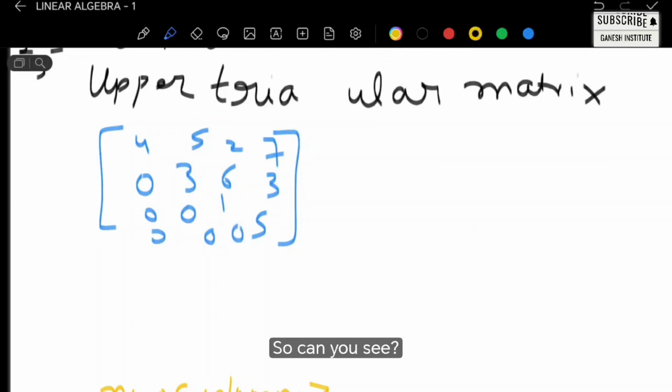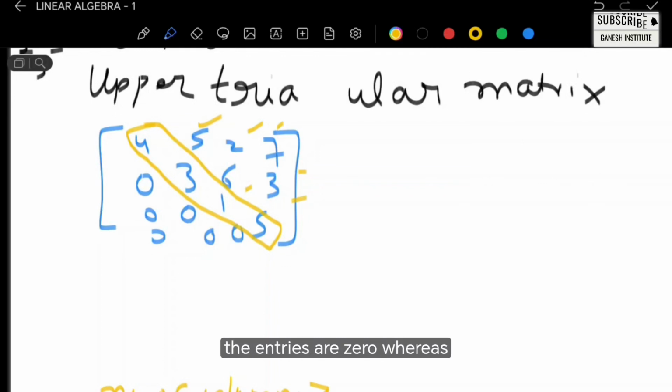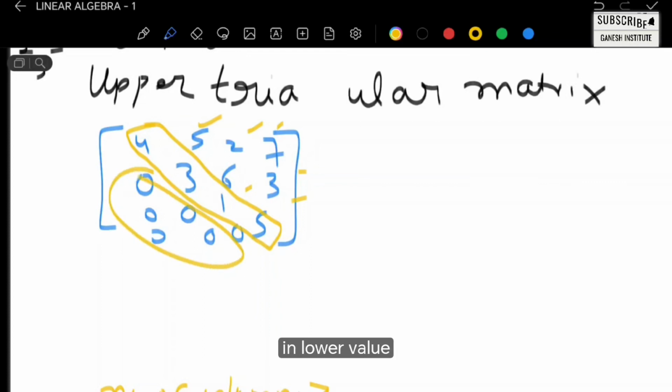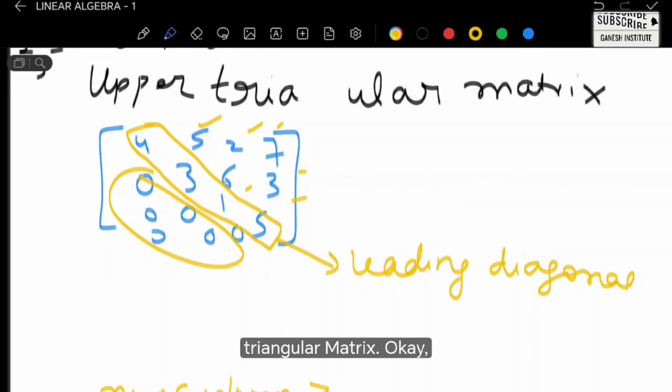Can you see this is a leading diagonal and the upper triangle has non-zero elements, whereas below the leading diagonal all values are 0. So it is an upper triangular matrix.